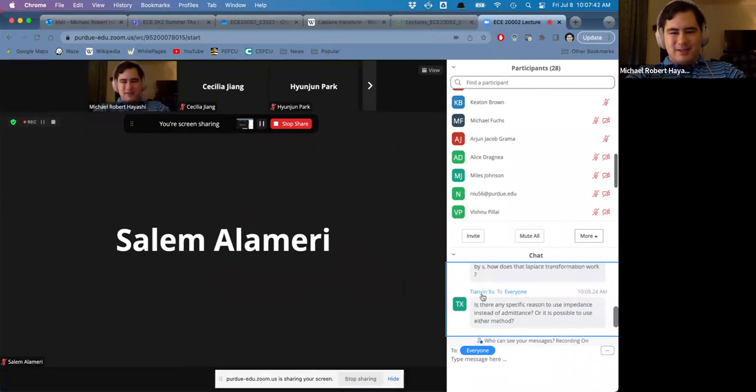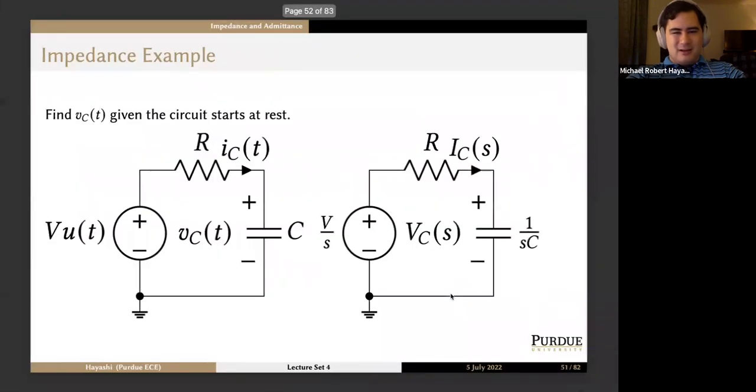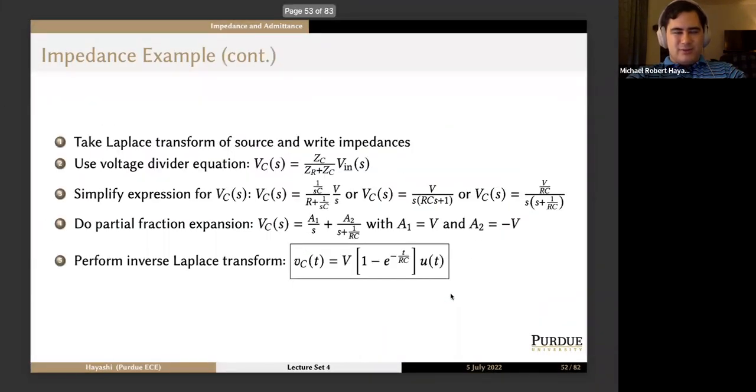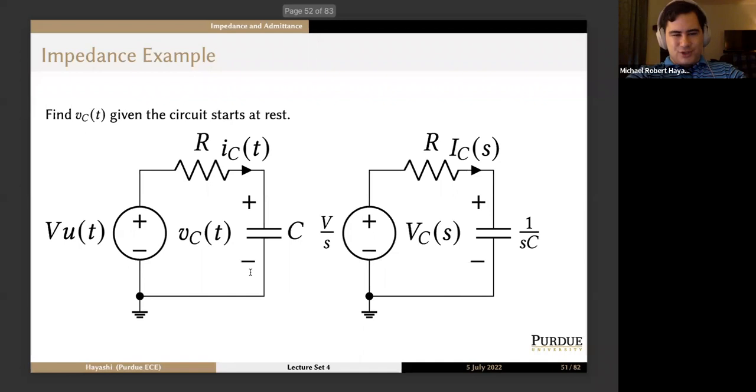Is there a specific reason to use impedance instead of admittance, or is it possible to use either method? It's possible to use either method, but we use resistors when we're talking about voltage division. So we want to use impedances because they're the counterparts of resistors. Put another way, when we're dealing with series components, we like dealing with resistances because resistances in series add.